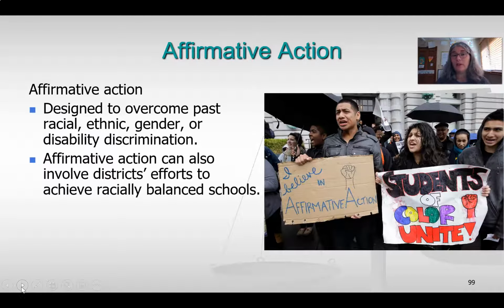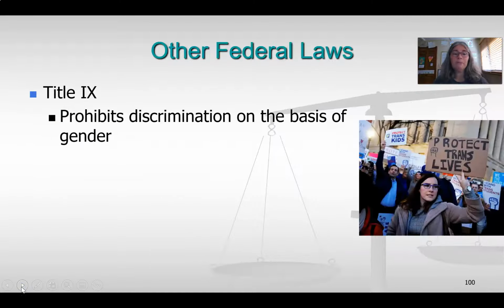So both of these are very important within the world of education and why many districts and schools have diversity officers. Another federal law related to schools and teaching is Title IX. So Title IX is looking at discrimination and prohibiting discrimination specifically related to gender. So our previous two were looking at race and ethnicity and cultural background. Title IX is gender.